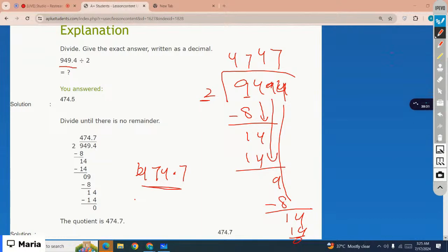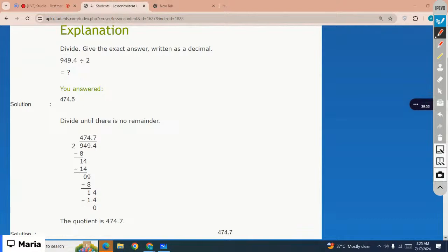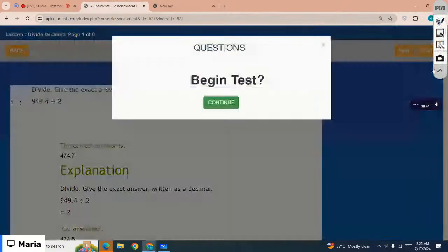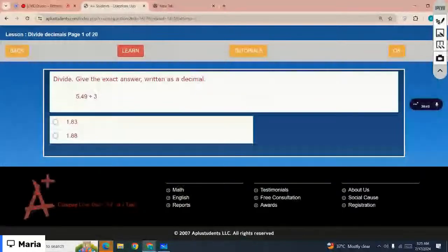Let's just start with the test questions. Okay, divide 5.49 divided by 3. So let's just divide without the decimal point, right?